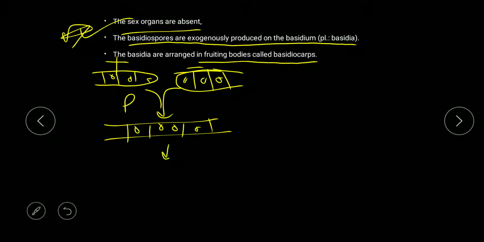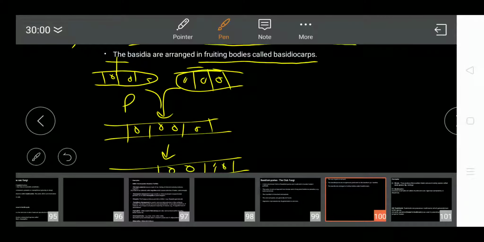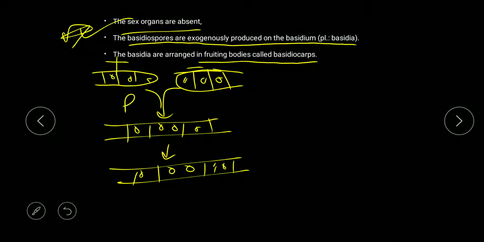Now this single dikaryotic cell will spread into the nearby cells. The one with a single nucleus is known as primary mycelium, but the one that has two nuclei within its cell is known as secondary mycelium.